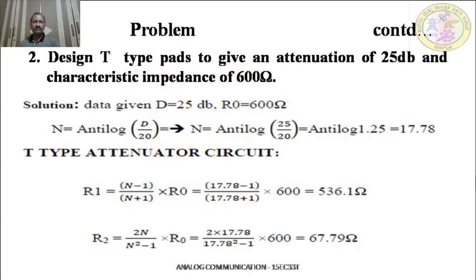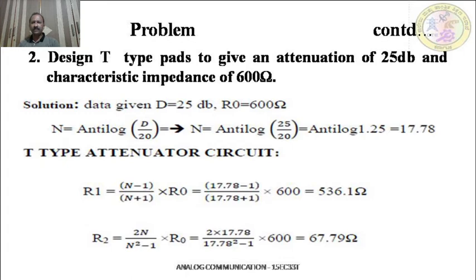Okay, next problem: design a T-type pad to give an attenuation of 25 dB and characteristic impedance of 600. Now in this problem they have given the decibel value and the R0 value. Similar to your previous problem, you calculate n. N is given by anti-log of D divided by 20.